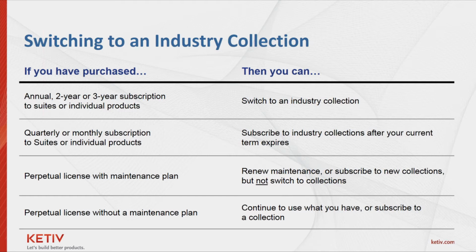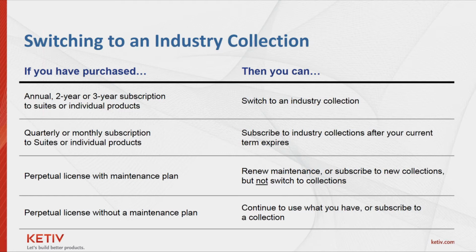If you're on a perpetual license with a maintenance plan or without a maintenance plan, that is not eligible. You do need to renew that maintenance, and then you can subscribe to those new collections, but you cannot do the switch. The other thing that is currently not available is switching from network to standalone and vice versa.